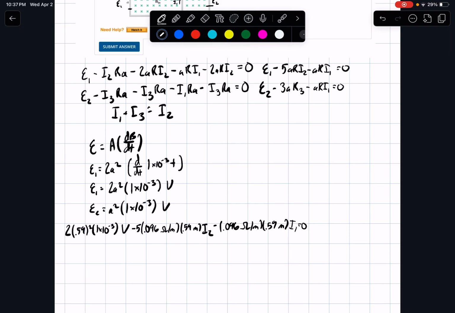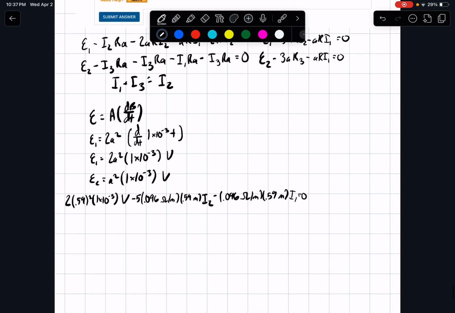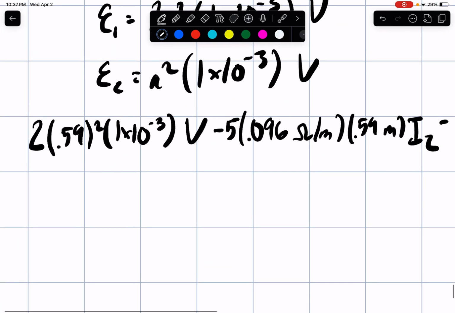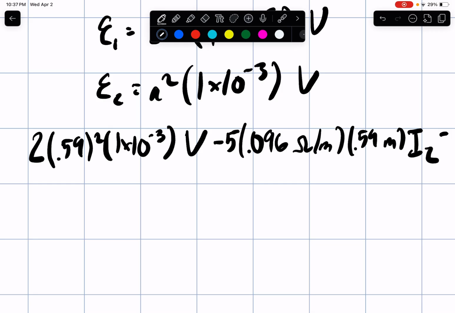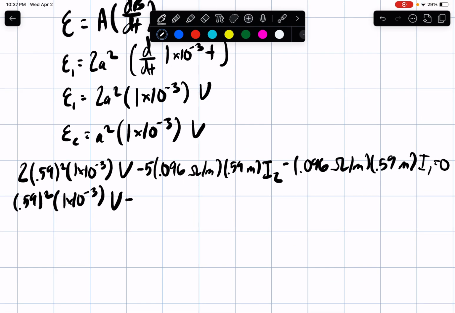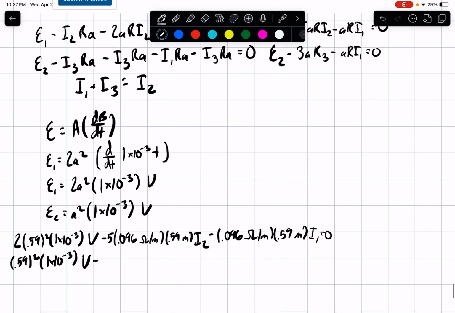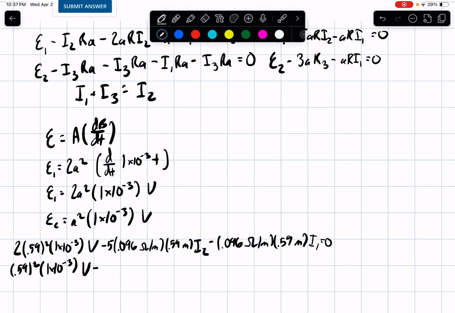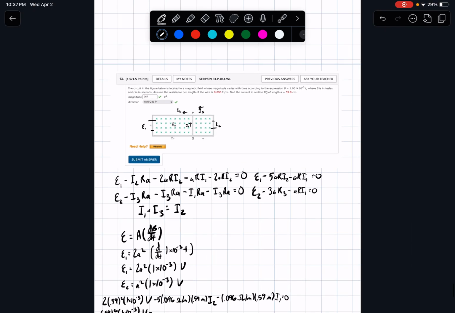All right, so now you also have to do your second equation. It'll be the second EMF, which is A squared, so that's 0.59 squared times 1 times 10 to the negative third, in volts, minus, in the simplified equation, 3AR3 minus ARI1 equals 0.